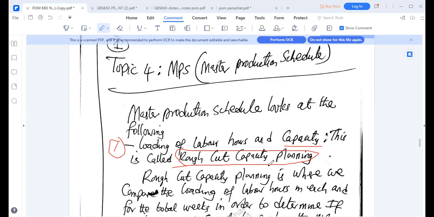And this MPS, master production schedule, it just looks at, are we overloading, say, a stadium? Okay, when there's a football match between Zambia and whichever country, are we having more people than capacity? Are we overutilizing our facility? Or are we underutilizing our facility?